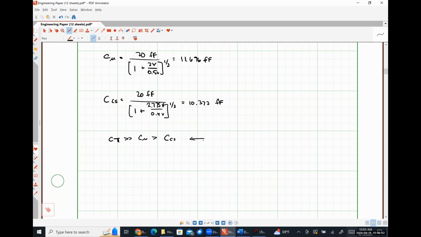That was true for this example, and it should be true for literally anything that we deal with, okay? So this relationship should be true for all BJTs in active operation.